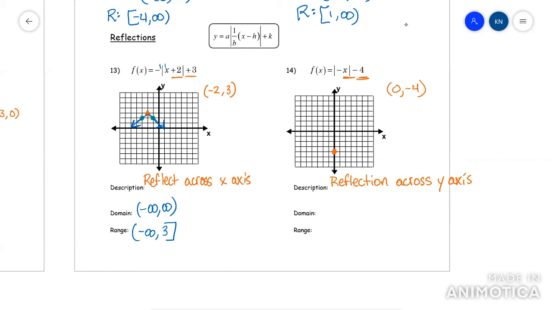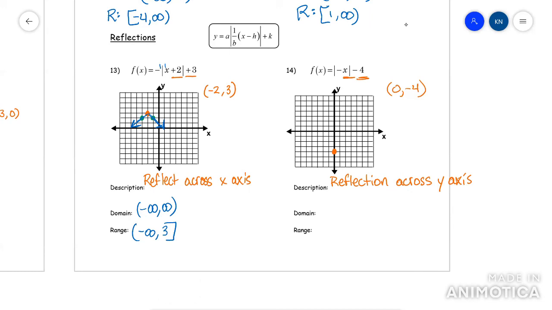Because if I had a point right here, if it reflected across the y-axis, it would become here. And if I started with a point right here, it would go to this spot. So they kind of just switch spots, the left side and right side of this line. Again, this is not a good example for seeing this particular reflection. Sorry about that.